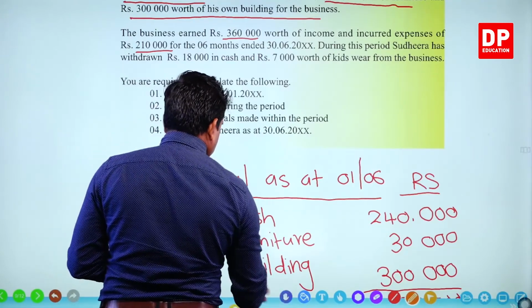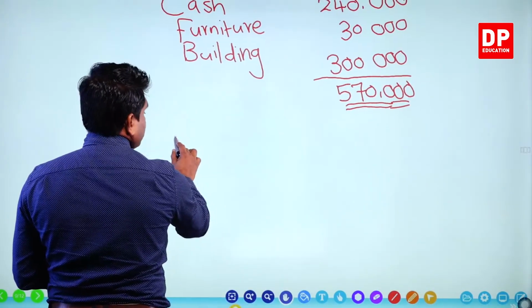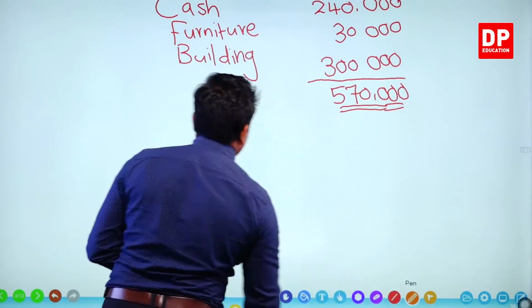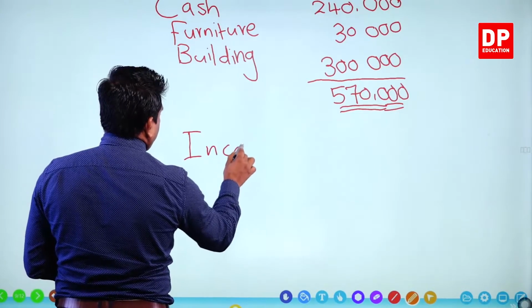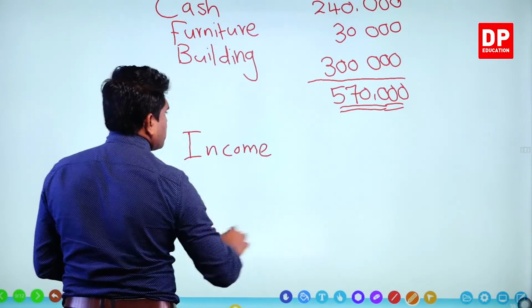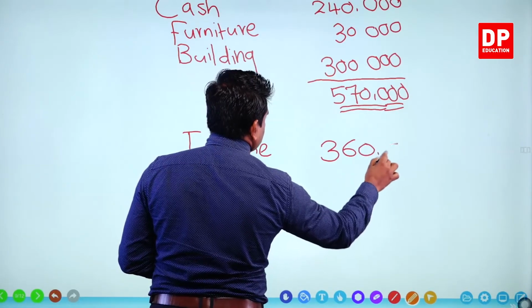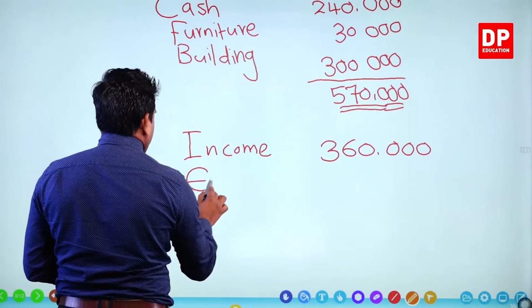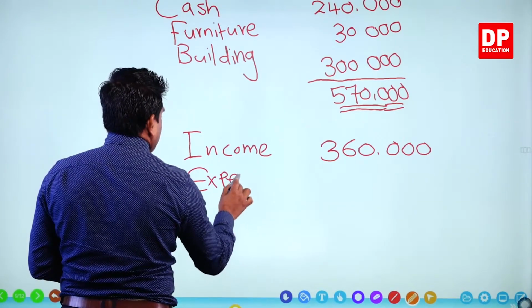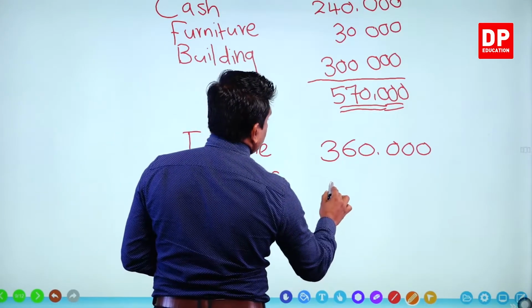Now we can find the income, 360,000. Expenses, you subtract expenses, it is 10,000.